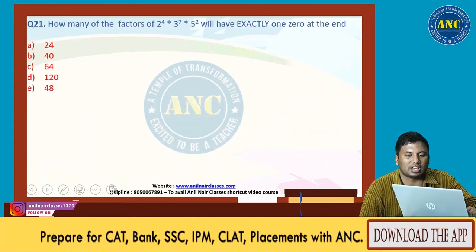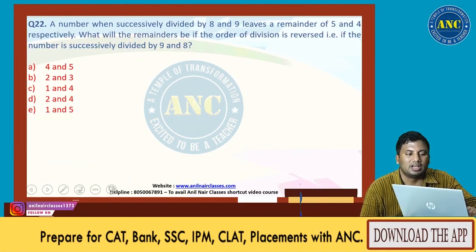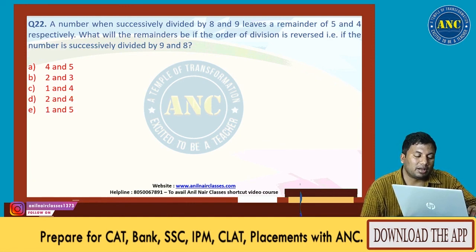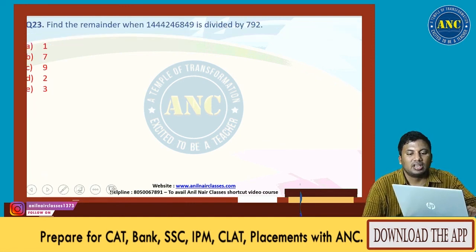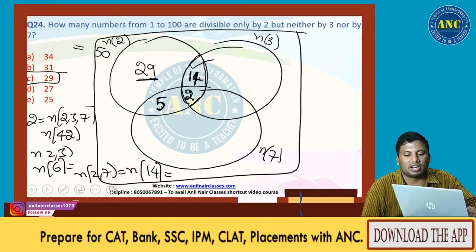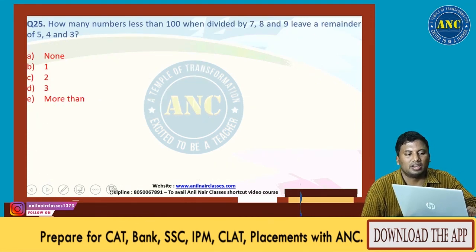Number of zeros concept, exactly one 0 which is the 10k concept, successive division when the quotient becomes the dividend in the next division, Chinese remainder theorem concept, set theory concept, when the remainders are not the same concept, when the difference between the remainders is k times the difference in the kth step.